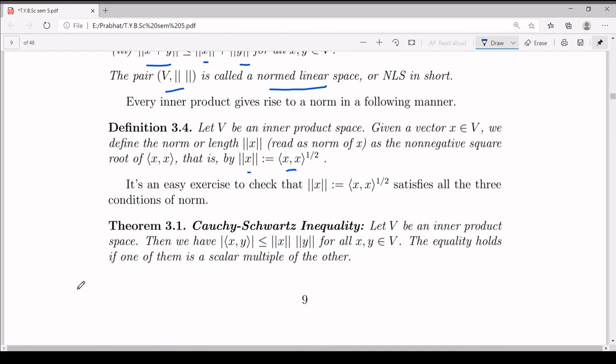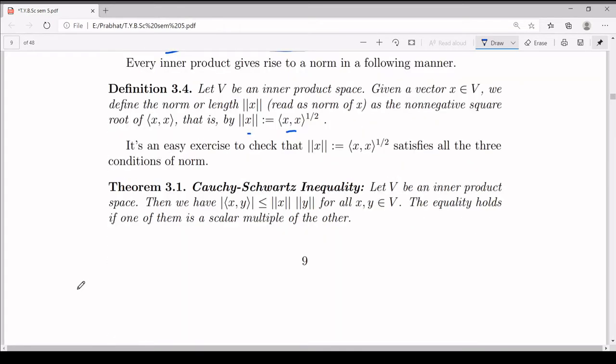Now next, I want to list the Cauchy-Schwarz inequality. Again, I will not prove this Cauchy-Schwarz inequality. We have listed it earlier also in video 1, where we mentioned it for only the real numbers.